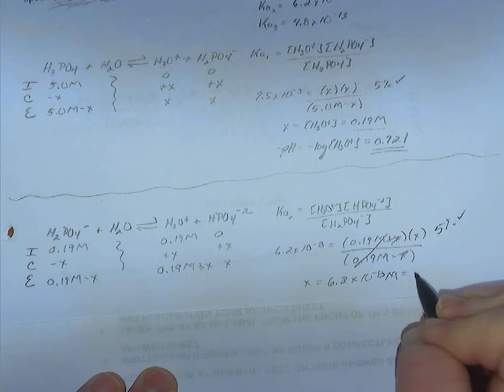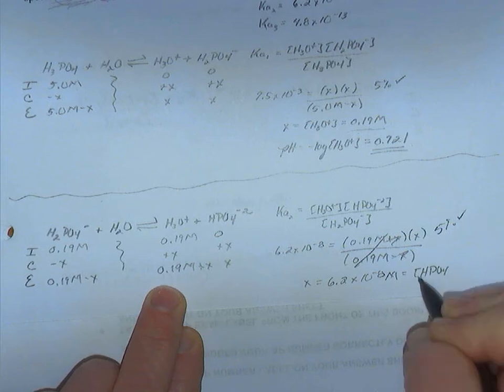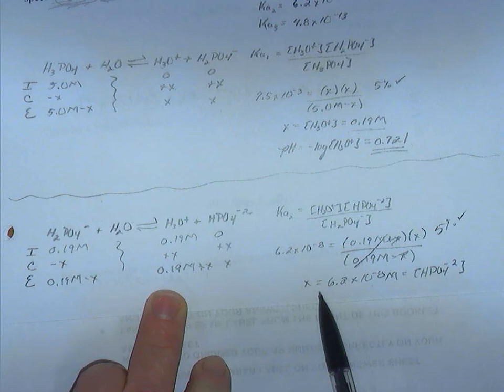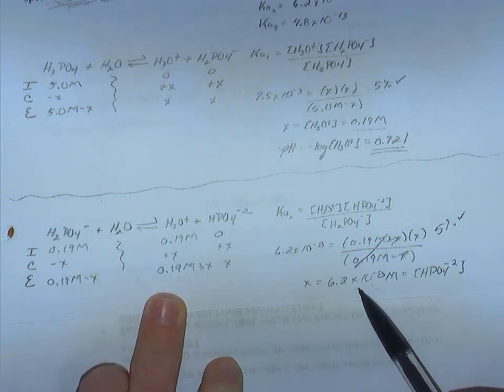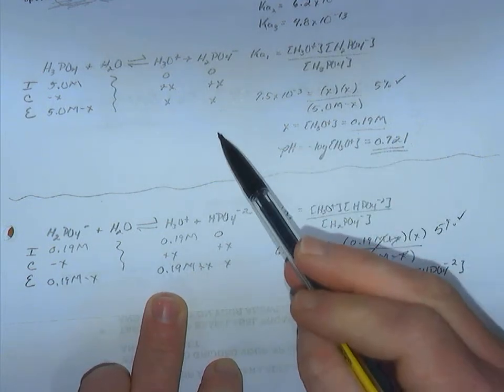And that will be the HPO4 minus 2. Now, per the number of sig figs, we would not need to add this to the hydronium ion that was created previously.